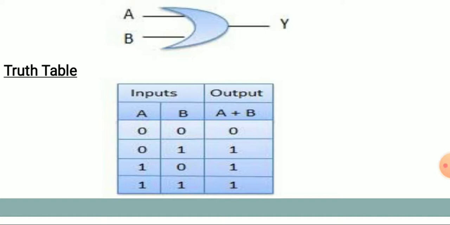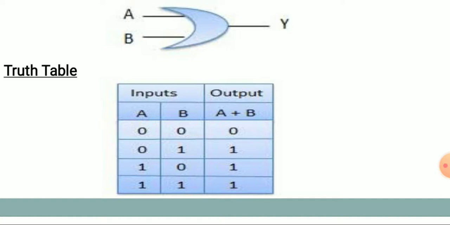If A and B are 0, A plus B is also 0. Remember, the OR gate is always indicated using the plus symbol. The AND gate is represented using a dot symbol, similar to ordinary multiplication.